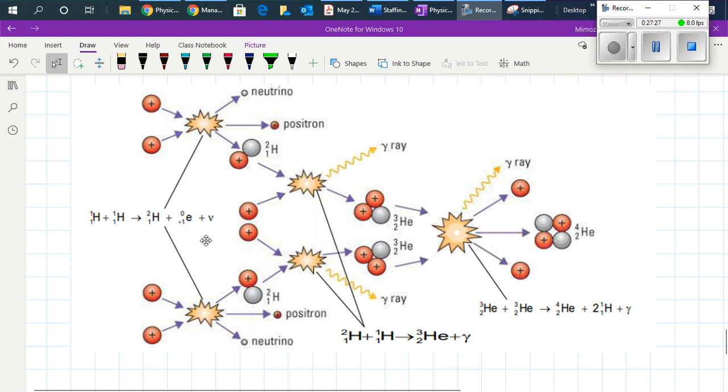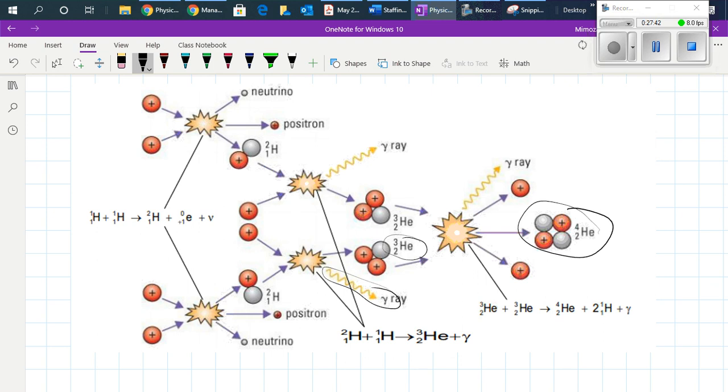And see now how it is formed. You will see the reaction and the gamma rays, so those are gamma rays, and then you see helium-3, and then finally helium-4 that is produced, and a lot of gamma rays and neutrons that are produced.